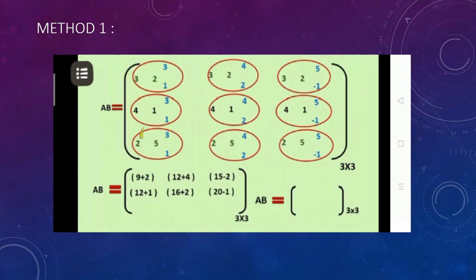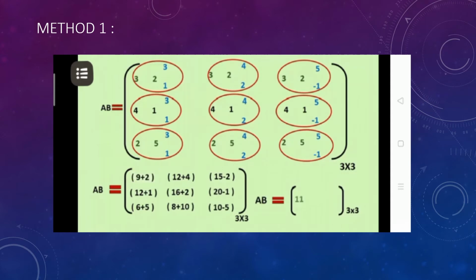2 3s are 6 plus 5 1s are 5. 2 4s are 8 plus 5 2s are 10. 2 5s are 10, 5 minus 1s are minus 5.